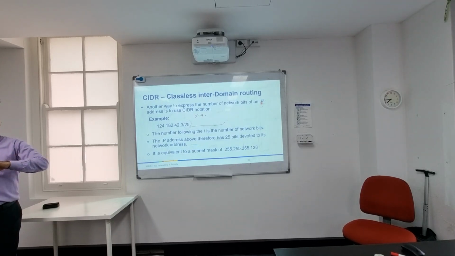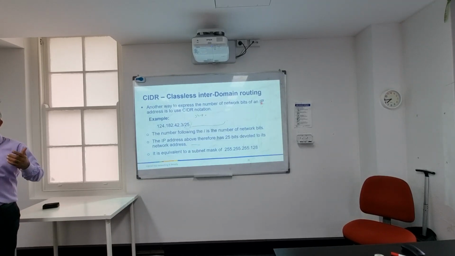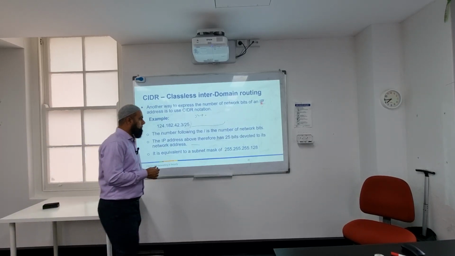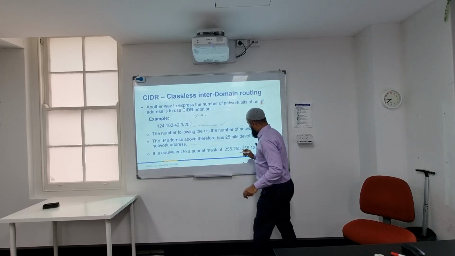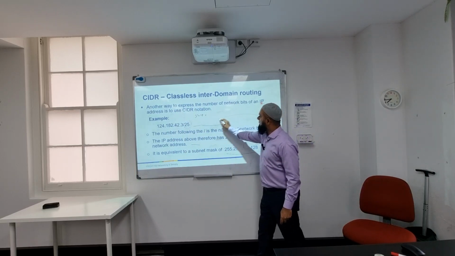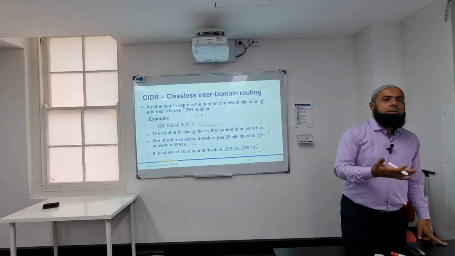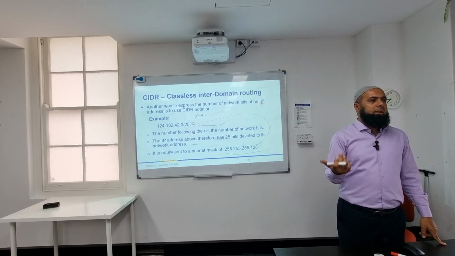So this is another way of looking at the same problem. For example, one thing you look at from this way, and the other from this way. You can subtract and you get the answers. So you can see that this thing and this thing is the same. This is just another way of writing it in the field of networking.